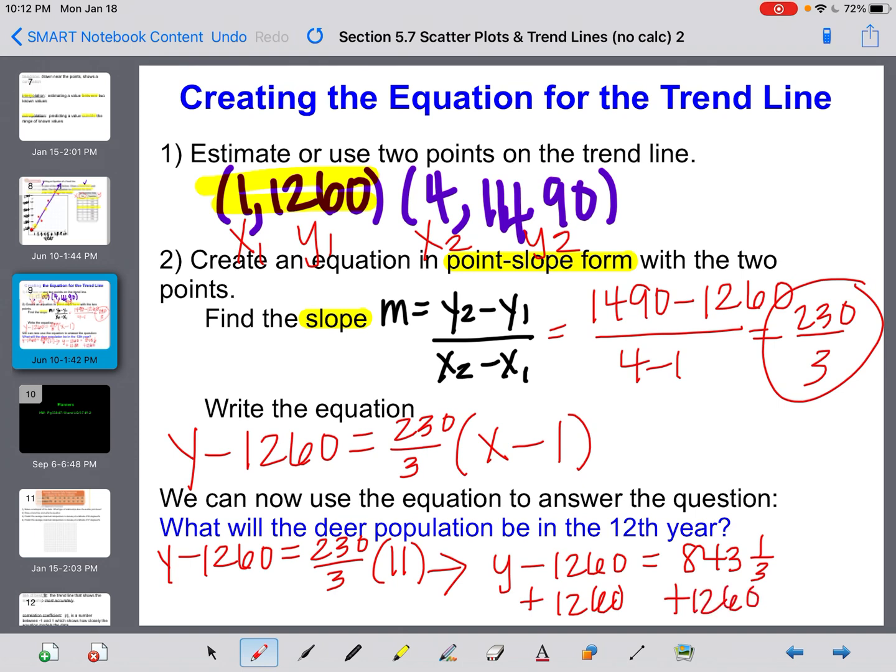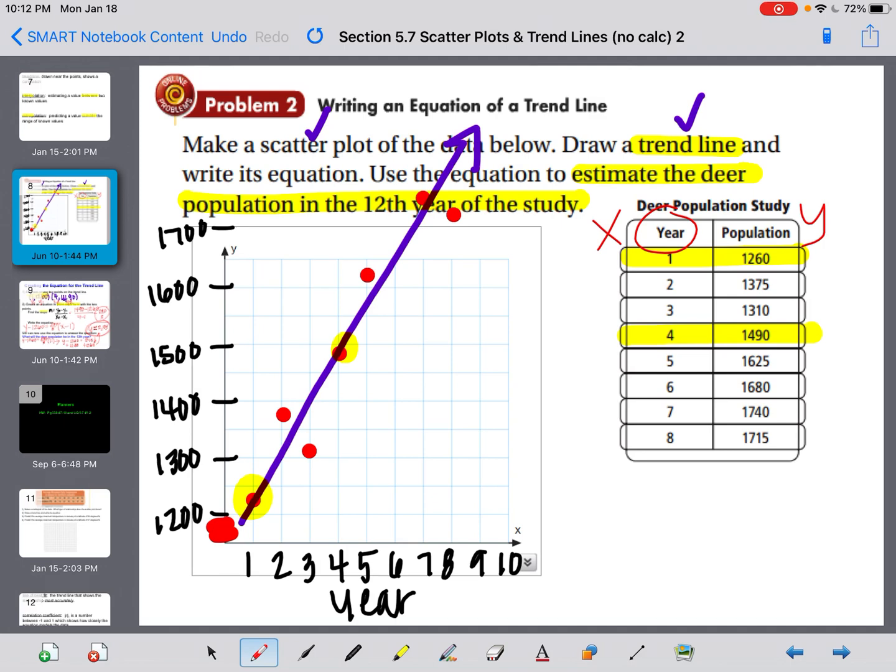That tells me that my deer population on the 12th year will be about 2,103, because I can't have 1/3 of a deer. So we're going to say it's about 2,103, which actually fits our data. 2,103 on year 12. See how it keeps growing.